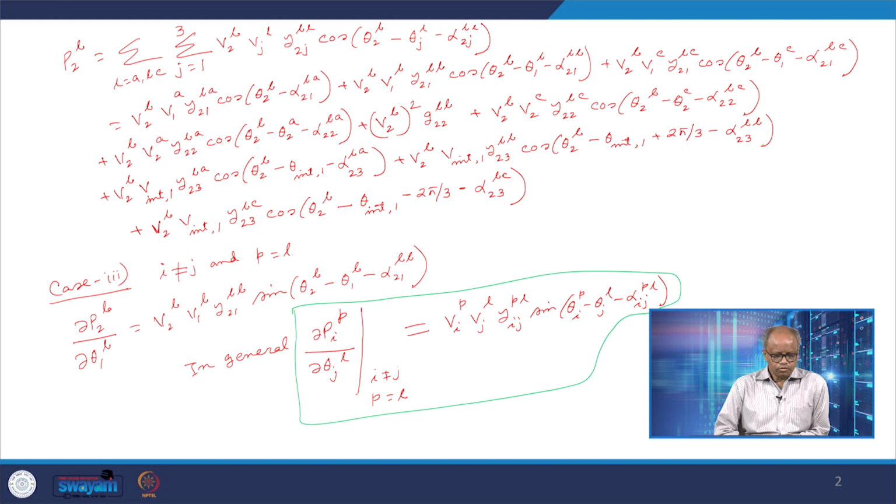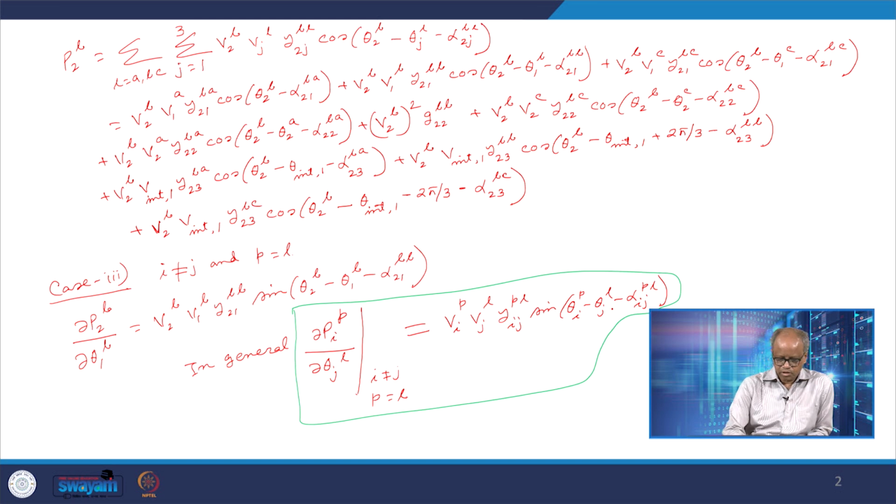Looking at all the expressions, we can find that this expression is common to all the cases except the case when I is equal to J and P is equal to L. For that case we have a long expression involving summation terms, but for the other three cases this expression is common.